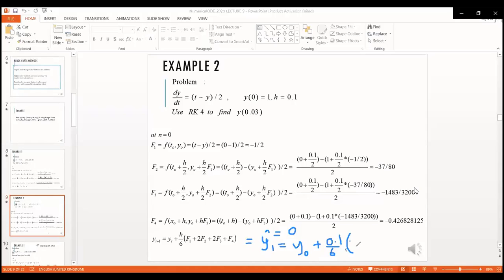Anyway, y0 is also known, this value is known to be 1. Plus 2 times negative 37 over 80, plus 2 times, yeah. So I want you to expand that in your books and then calculate it for me. Replace this one with 1. It is 1. So do the calculation for me in your books and give me the answer.